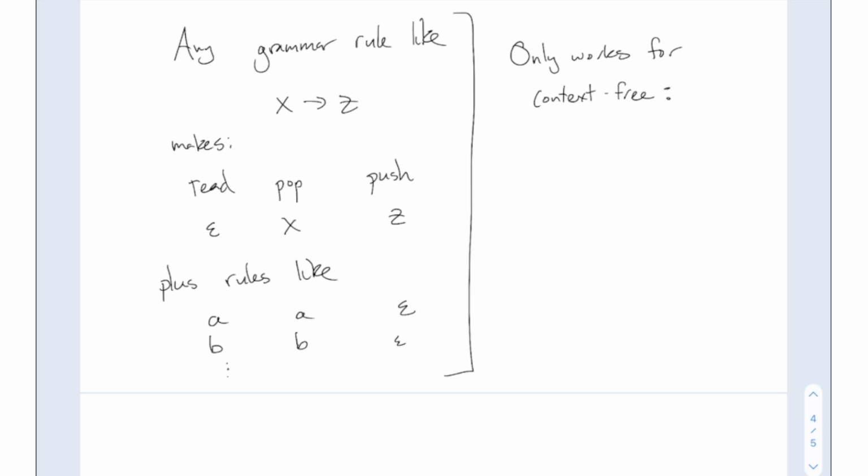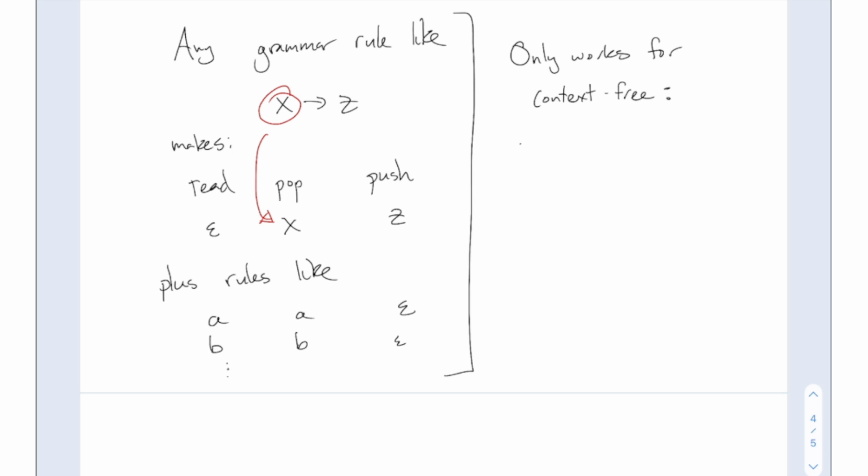And why then does this conversion only work if it's context-free? Yeah? Because we can only pop single. Yeah. It's because we translated this rule putting X right here. And remember, when in a stack machine, you're only allowed to pop a single letter at a time. So the fact that this X goes there, this will not work unless the X is a single letter.